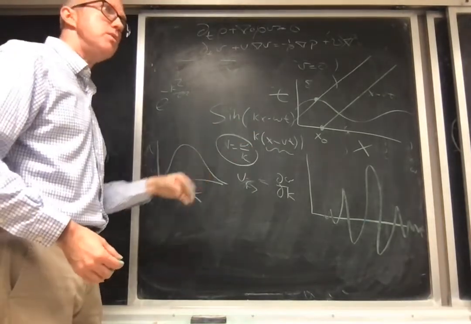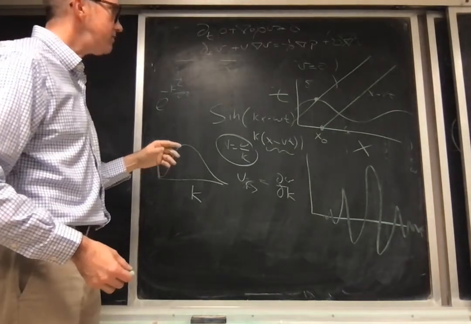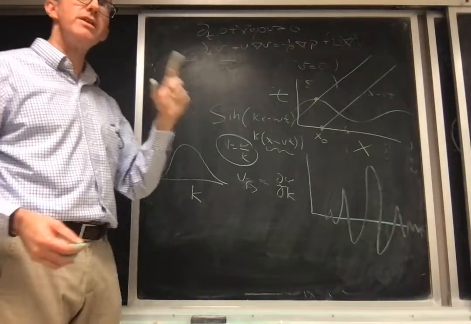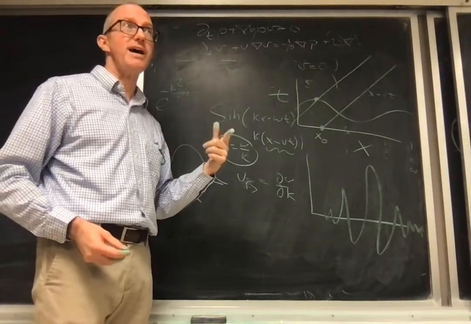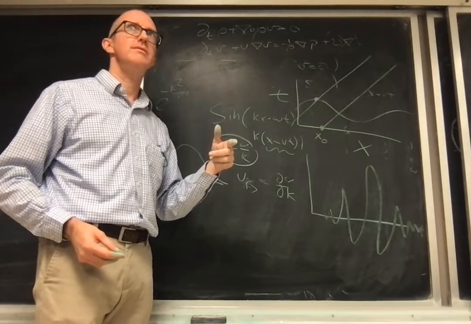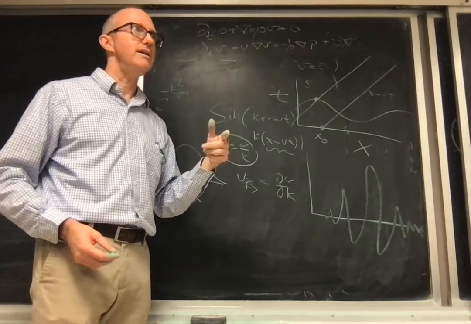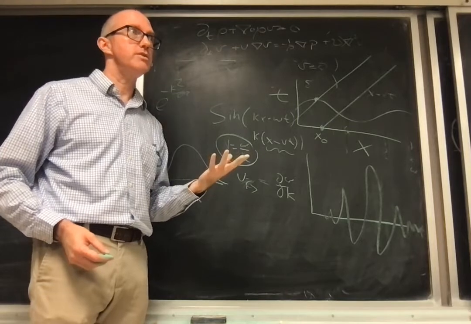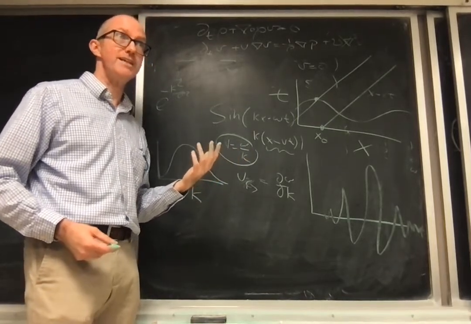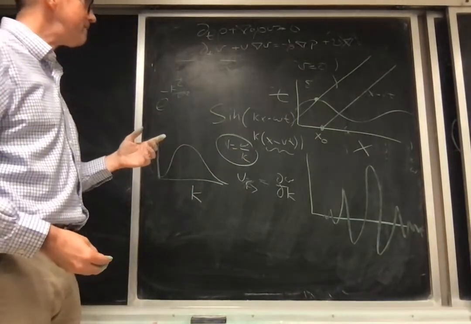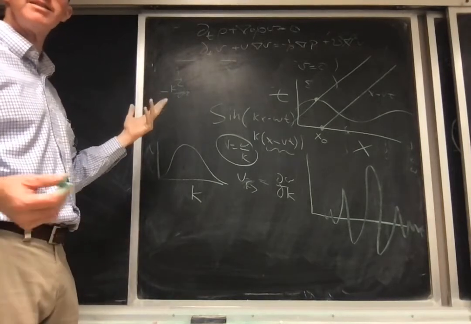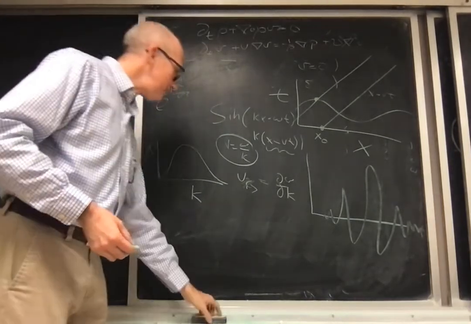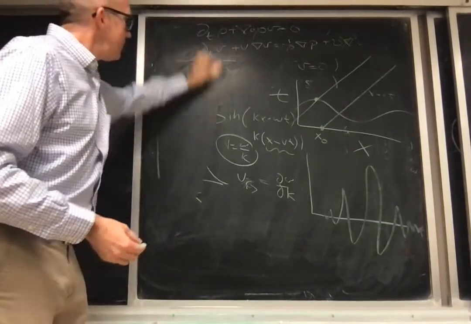The group speed is one that takes me like 20 minutes to actually derive. But one of the cool things is I can also, when I do that, I'll do that on Thursday, because you get Heisenberg's uncertainty principle out of that too. And that's pretty cool. Because I don't have any quantum mechanics here, and I still get something that sounds quantum mechanical. So I'll do that on Thursday.